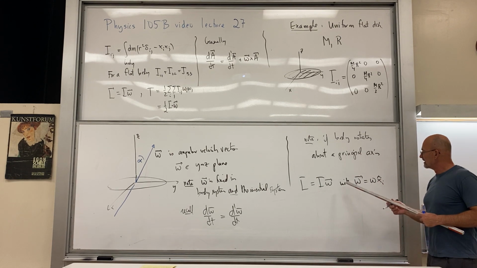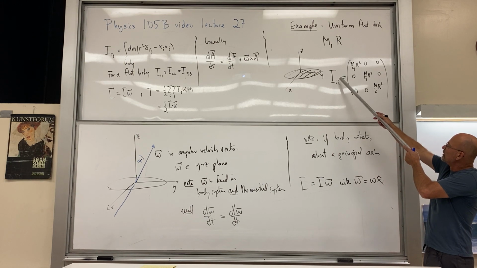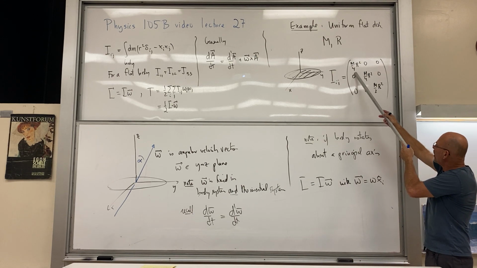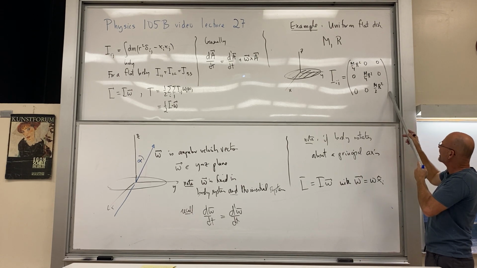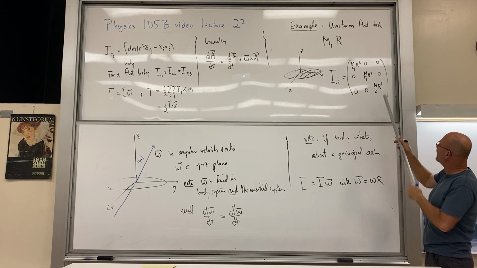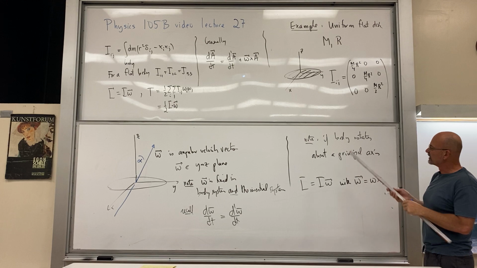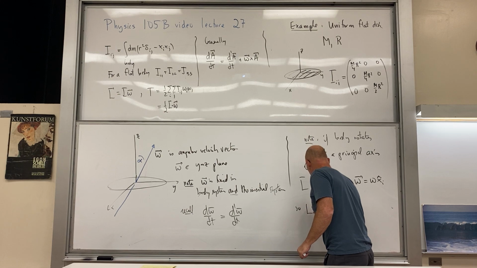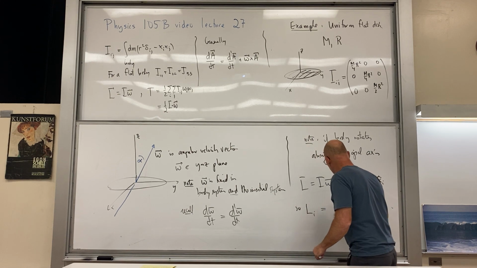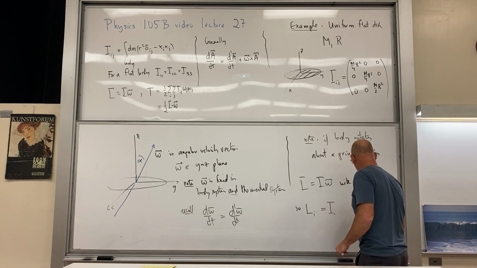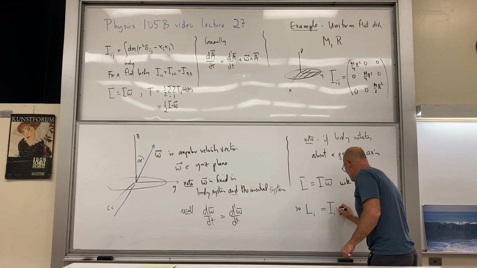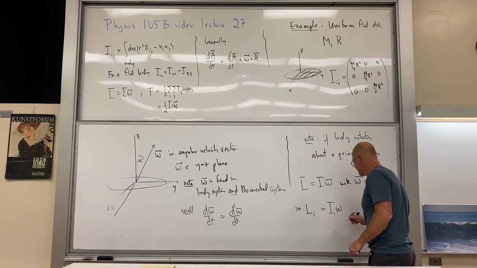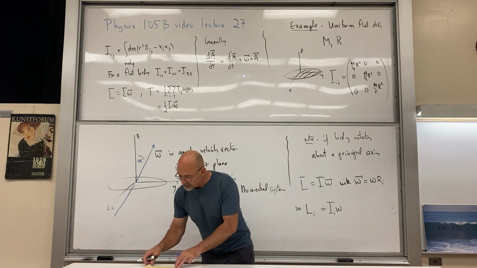In other words, if you do that matrix multiplication, you're always just going to get the multiplication of this by the corresponding component of the angular velocity vector. So L sub i would be equal to I sub i omega sub i.